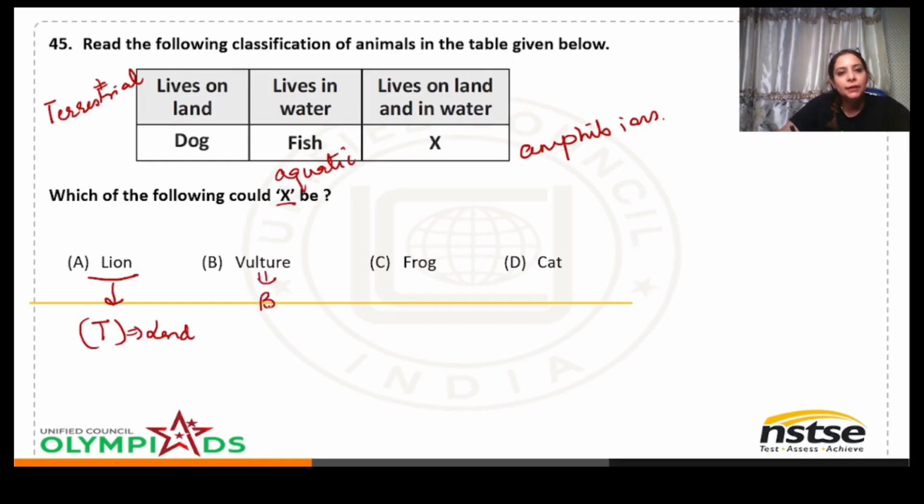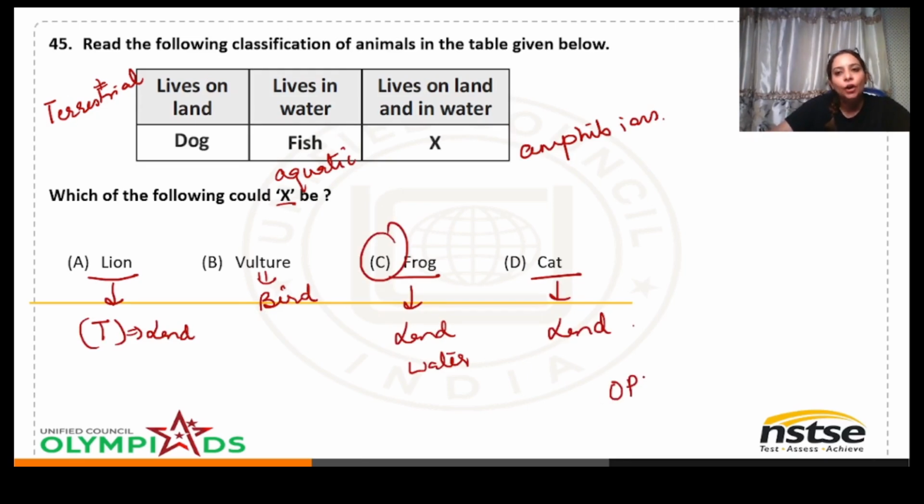Vulture is a bird, and frog lives on land also, and it lives in water also. Cat again lives on land, it's a terrestrial organism. So therefore, which option is right? Option C is the correct answer, that is frog. So X is identified as frog.